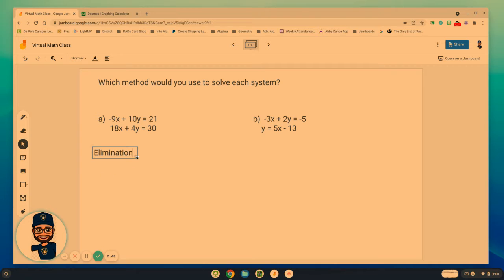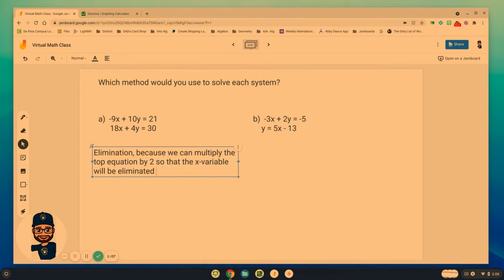Elimination probably seems to be the most efficient in this one because we can multiply the top equation by 2 so that the x variable will be eliminated when we add. All right, so if we multiply that top equation by 2, we're going to get 18x and negative 18x, so we can add them so that it would eliminate.